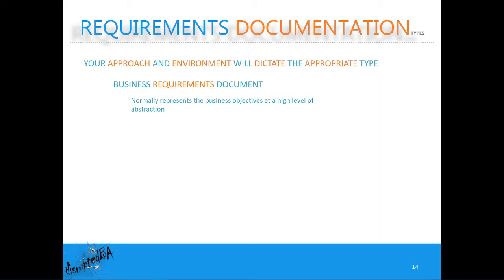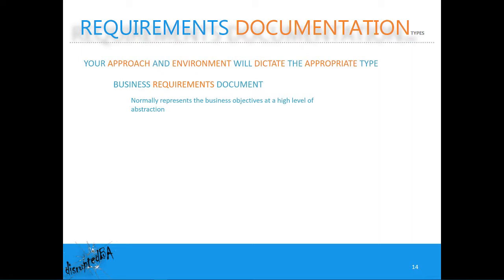Typically, this would be the business objectives at a high level of abstraction. It doesn't define the detail of requirements and of functions. It's a high level of abstraction.